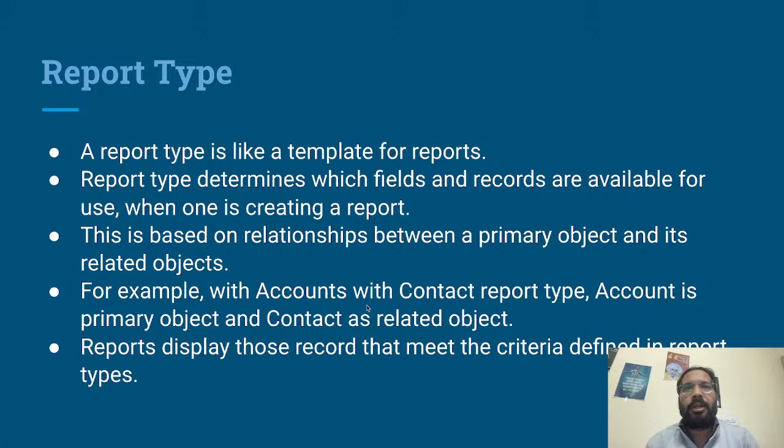For example, in an accounts with contacts report type, account is primary and contact will be working as a related object. So you need to select the primary, and then the secondary objects will be the related ones. And reports display those records that meet the criteria defined in the report type.